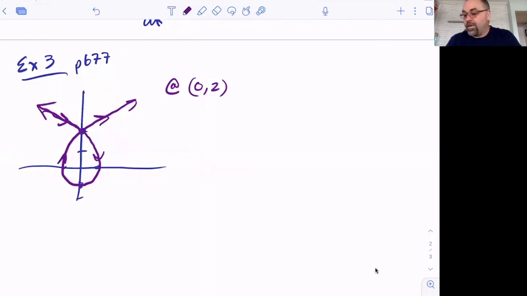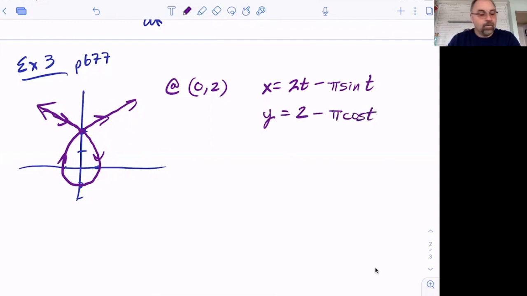So what do the parametric equations look like for this graph? Well, they are x equals 2t minus pi sine t, and y equals 2 minus pi cosine t. So when will we be at x equals 0, y equals 2 is a good question.